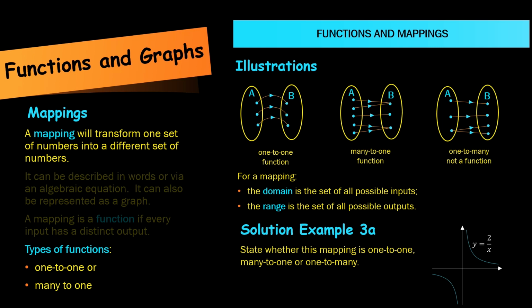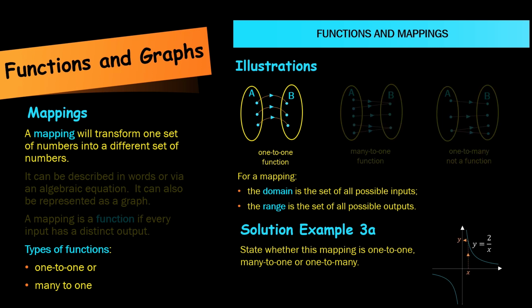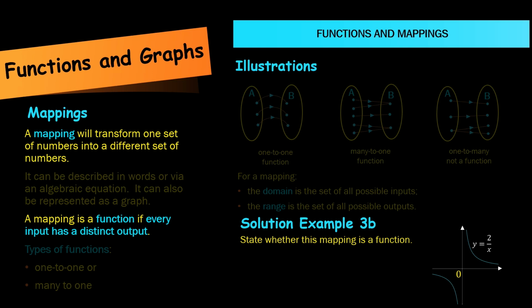So let's solve part A first. What is this type of mapping in particular? Notice that each value of x is mapped to one value of y. Therefore, the mapping is one-to-one. Now let's solve part B. We are required to state whether this mapping is a function.